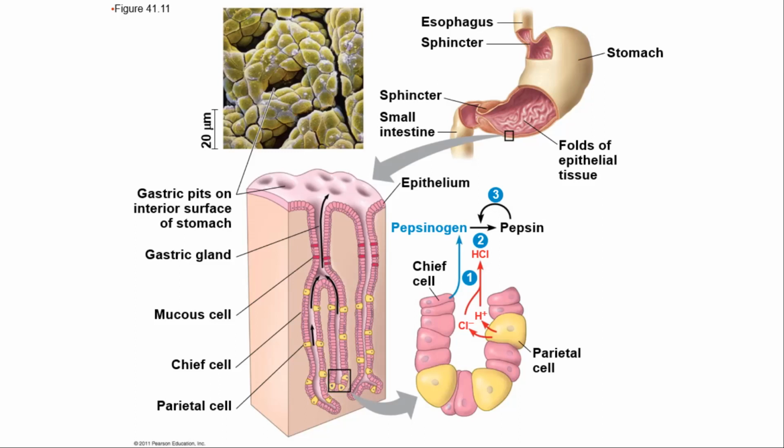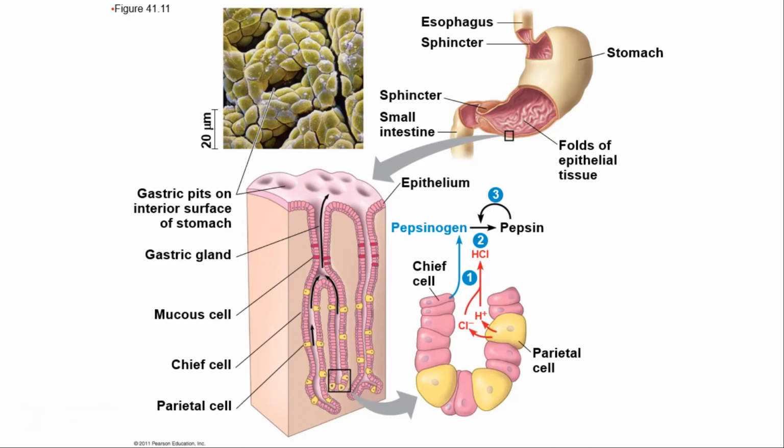And then we not only have those folds of the epithelial tissue, we also have all of these little holes, basically, that also are increasing the surface area. So we can see all of these cells that line all of these little tunnels that are reaching into the lining of the stomach, which again is increasing the surface area to volume ratio of the stomach.